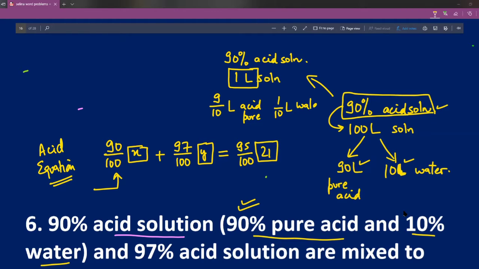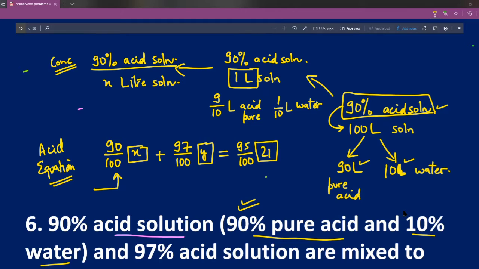And if I take X liters of solution of 90% concentration, this 90% acid solution is actually the concentration. You will study about this in chemistry also.